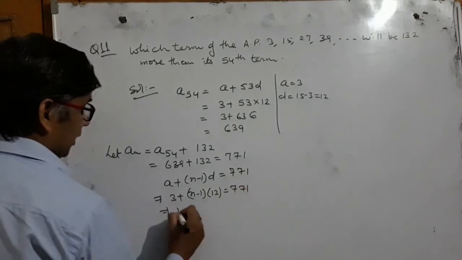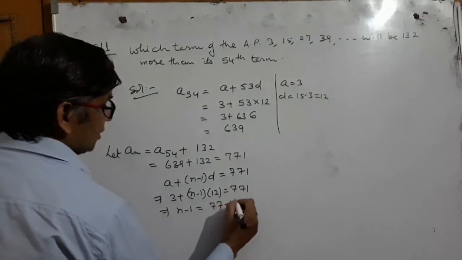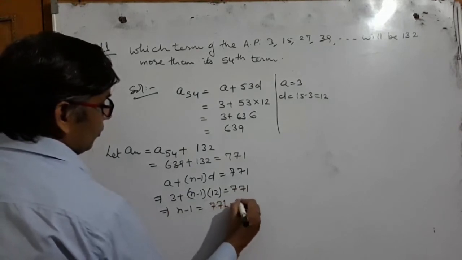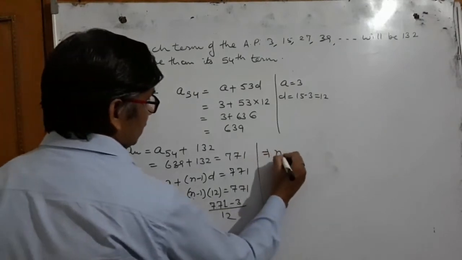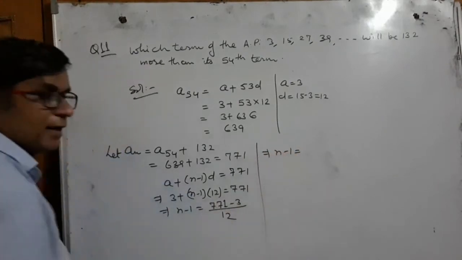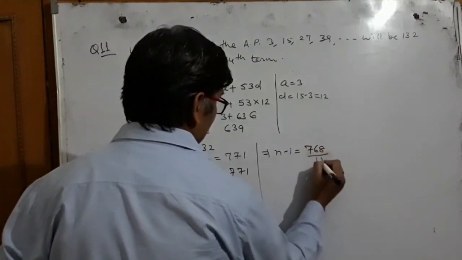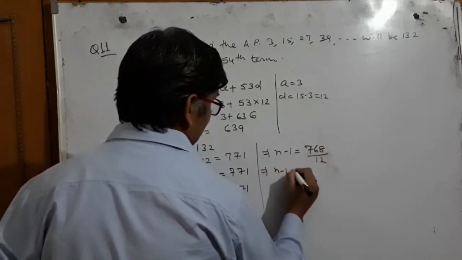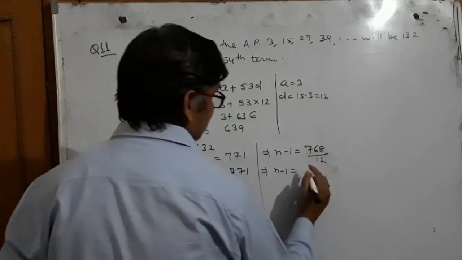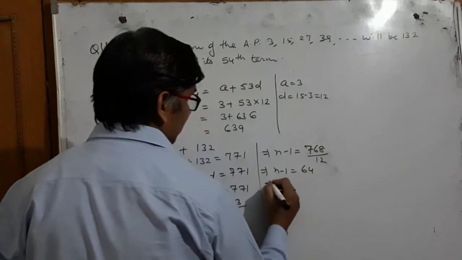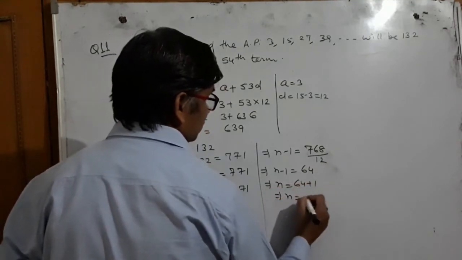So n minus 1 equals 771 minus 3 upon 12. n minus 1 equals 768 upon 12. 12 times 6 is 72 and 12 times 4 is 48, so 64 comes. n equals 64 plus 1, n equals 65.